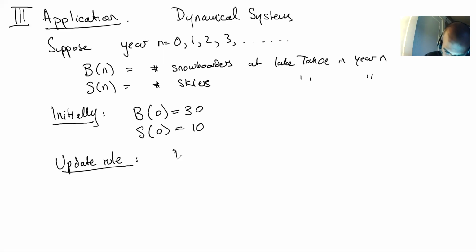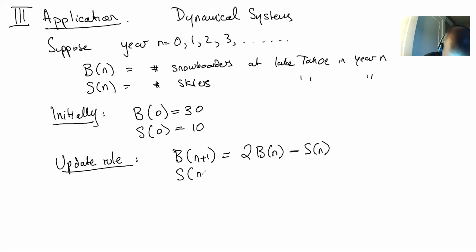So I'm going to say that the number of boarders in year n plus 1 goes up by 2, except you lose however many skiers there are. Skiers don't seem to like boarders because they mess up the snow. But anyway, let's say they get rid of them somehow.